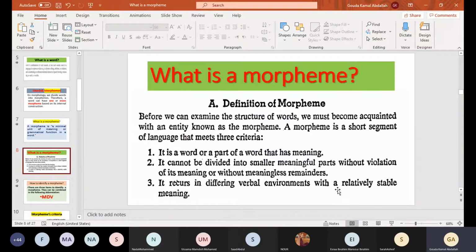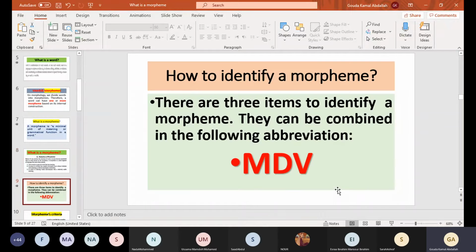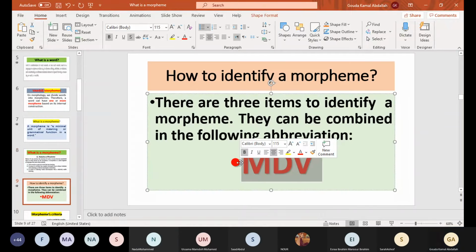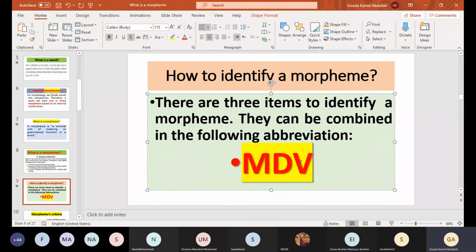Okay, let me try to put it in a simple way. Could you please read this for me, this one written in red, this abbreviation, MDV? What do you mean by MDV? MDV are the three conditions.